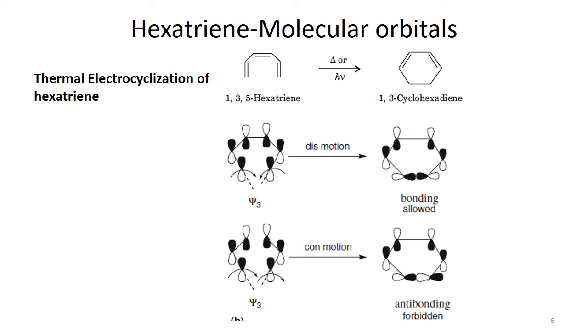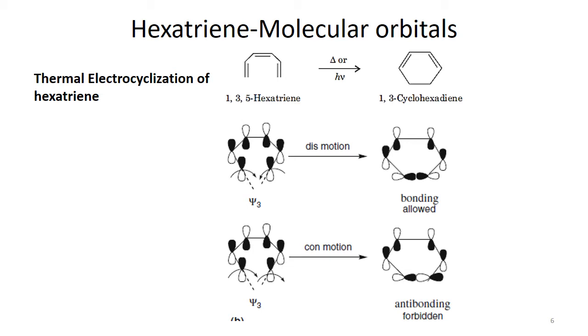We have 6 psi functions, or you can say the 6 molecular orbitals of this 1,3,5-hexatriene. In this case we have to identify which one is the HOMO and which one is the LUMO. When we say there are 6 unhybridized p orbitals, they are going to form pi bonds.